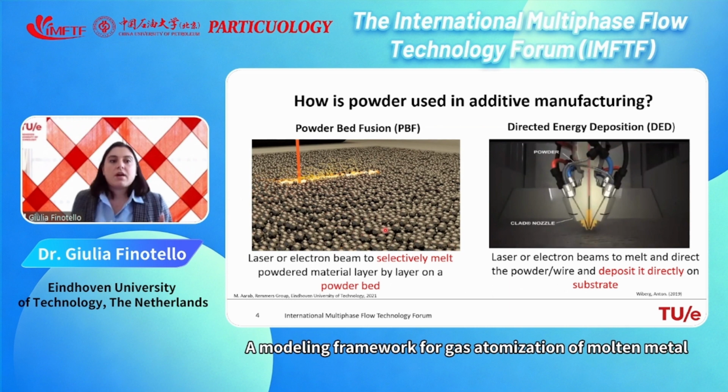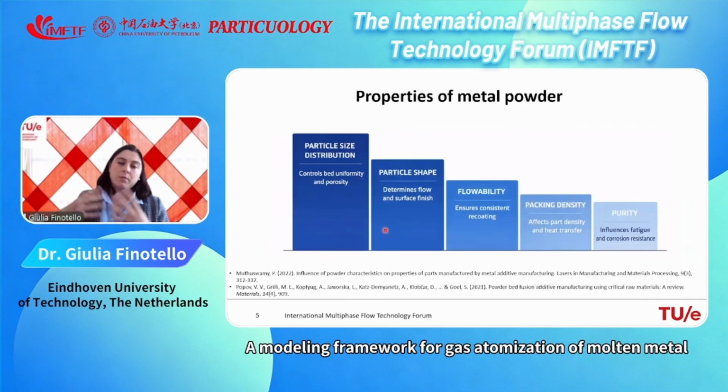So these are the ways powder is used in additive manufacturing, and we all know this powder requires certain properties to be able to be melted in a 3D printer. Now I don't want to go too much into detail because this is not my expertise, and it's also a keynote on its own.